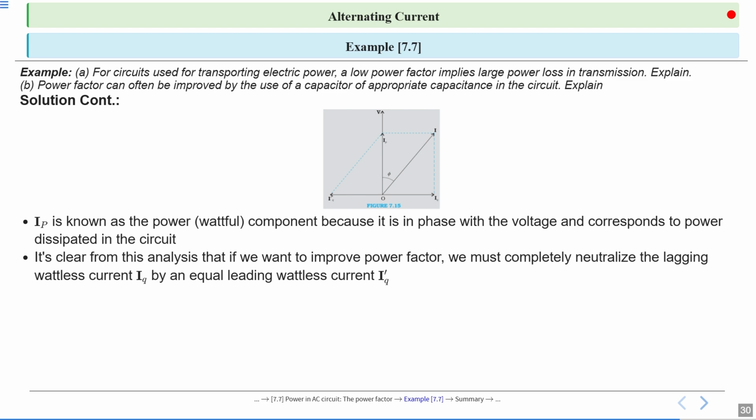So how will this IQ dash be produced? This IQ dash has a pi by 2 phase difference with the voltage, and it is leading the voltage. So we have to introduce a capacitor.